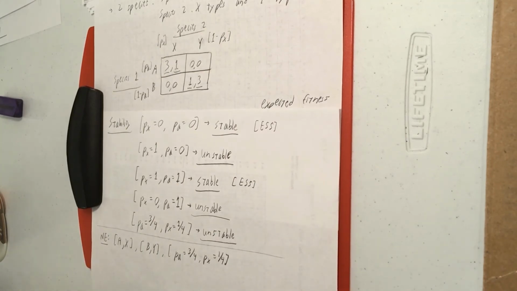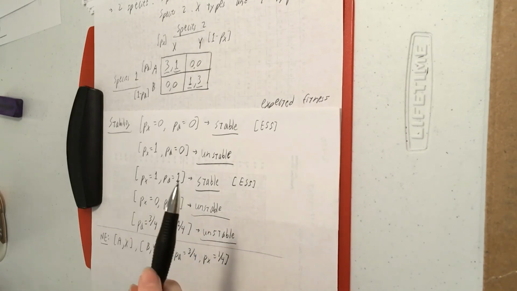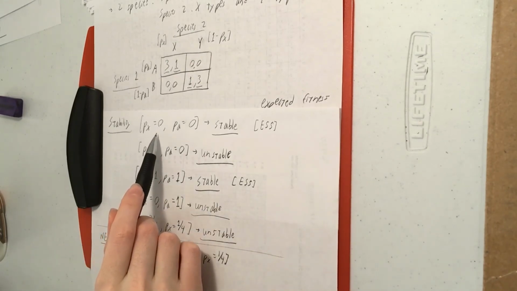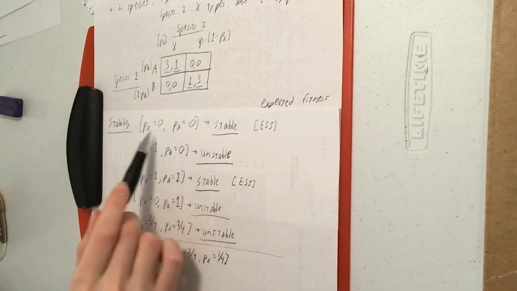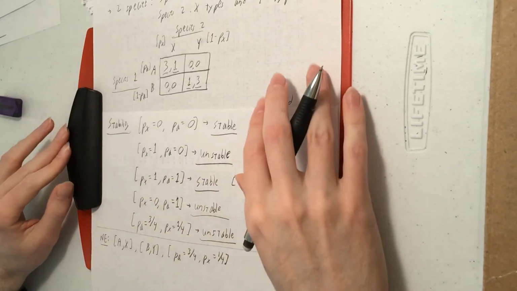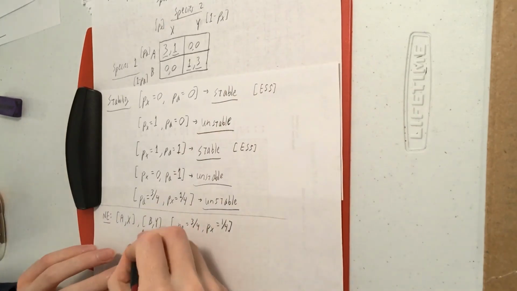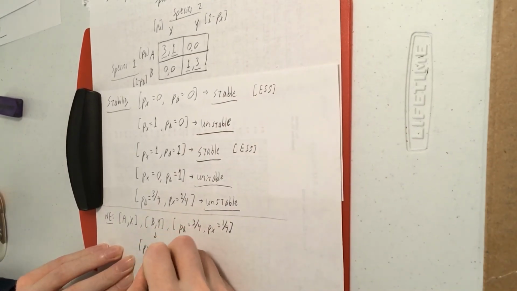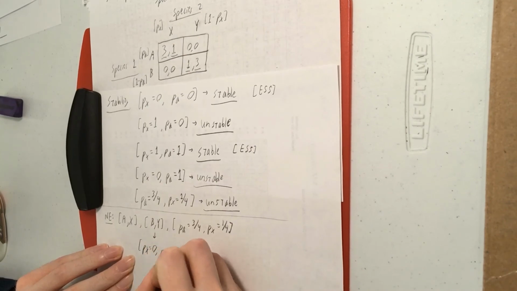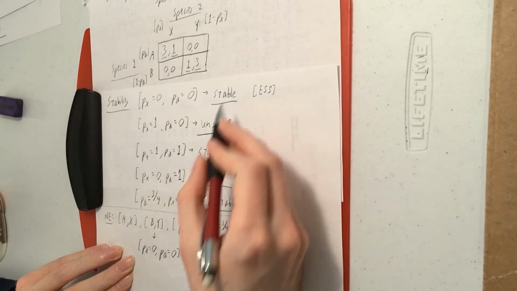So how does that match up with our stability analysis over here? Well, Px equals 0 means you never play X, it means you always play Y, and Pa equals 0 means you never play A, you always play B. So this one corresponds to BY. And we said that one was stable.